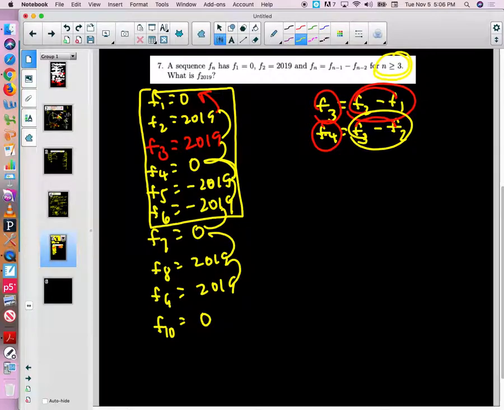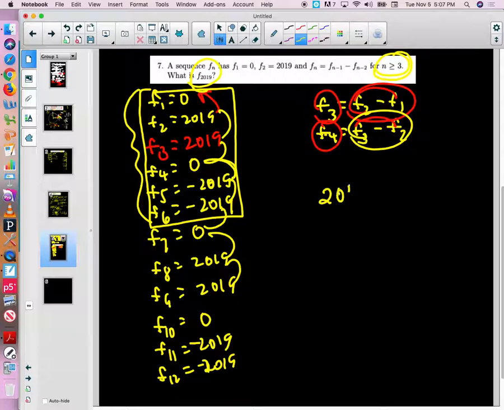So it comes at me in groups of 6. And then by F of 12, I would have reached the end and start over again. So what I decided to do was take F of 2019, so the 2019th term, and divide it up into groups of 6.